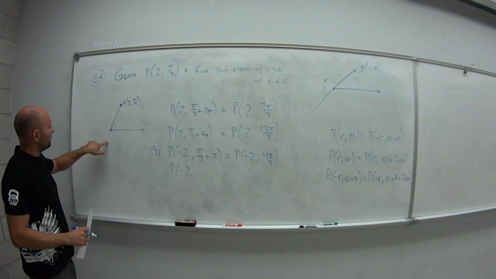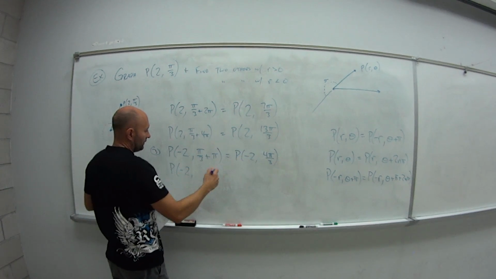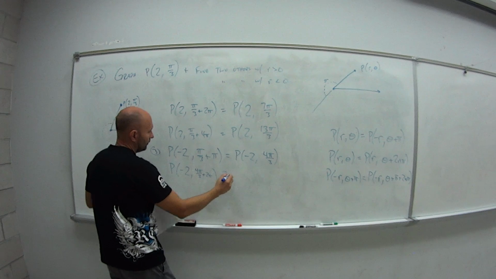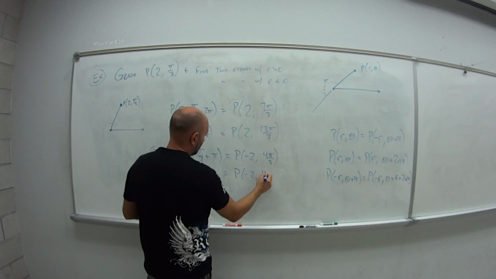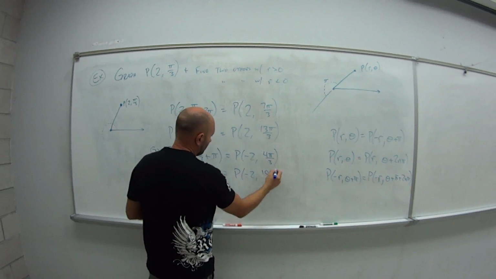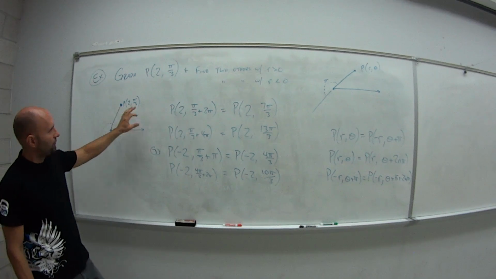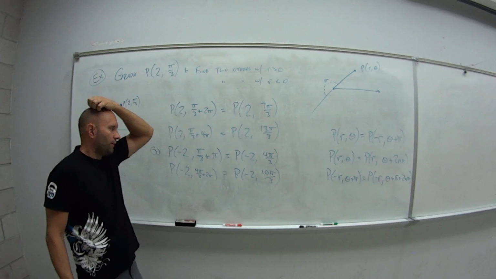Now from here, we would just want to add another 2 pi. So we're doing negative 2, 4 pi over 3 plus 2 pi, which gives us the point negative 2 and 10 pi over 3. So that's our solution to this: 2 with a positive r, 2 with a negative r.